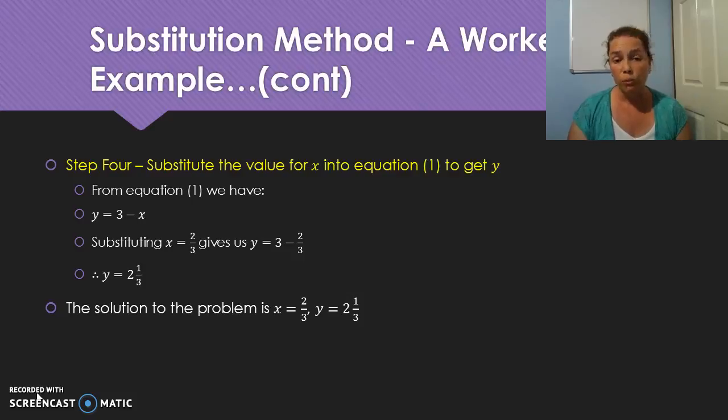So our solution to the problem is x equals 2/3, y equals 2 1/3. Now, what I would do then, just for your full communication marks, is I would actually, using equation 2, substitute in this x and y value and show that that indeed is true, and that becomes your check that you have done the right thing.